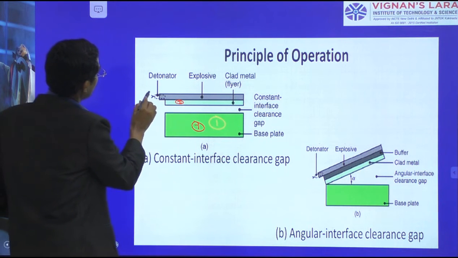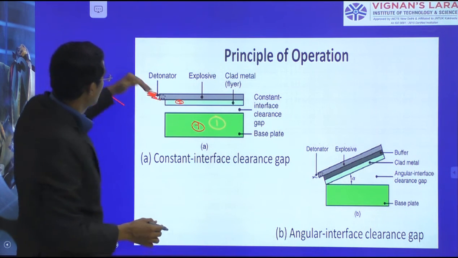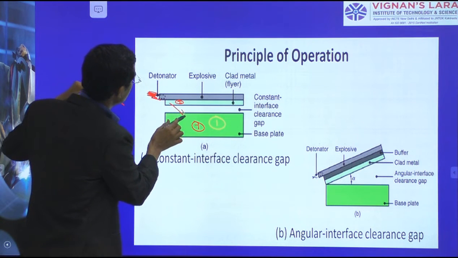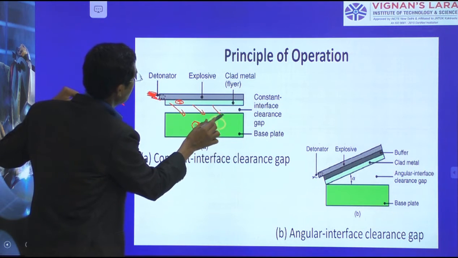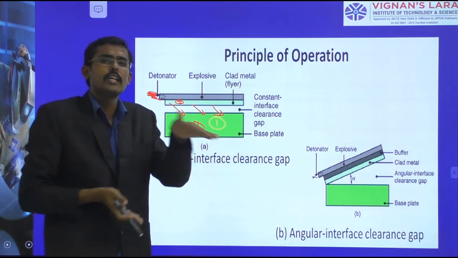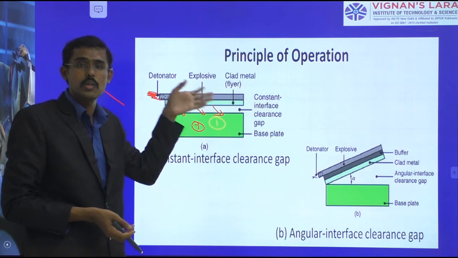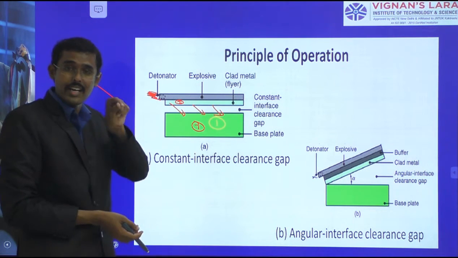And I am placing the explosive here. Due to this explosive, force will be generated and it will impinge here, and it is fixed there. It is bonded. Metallurgical bonding takes place. Explosive energy is used for heat, and the heat is utilized for welding purposes with respect to high velocity.